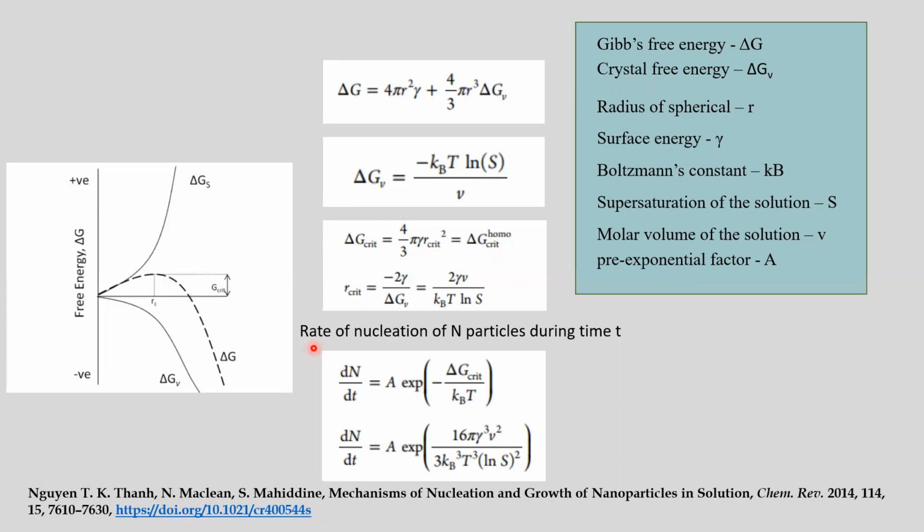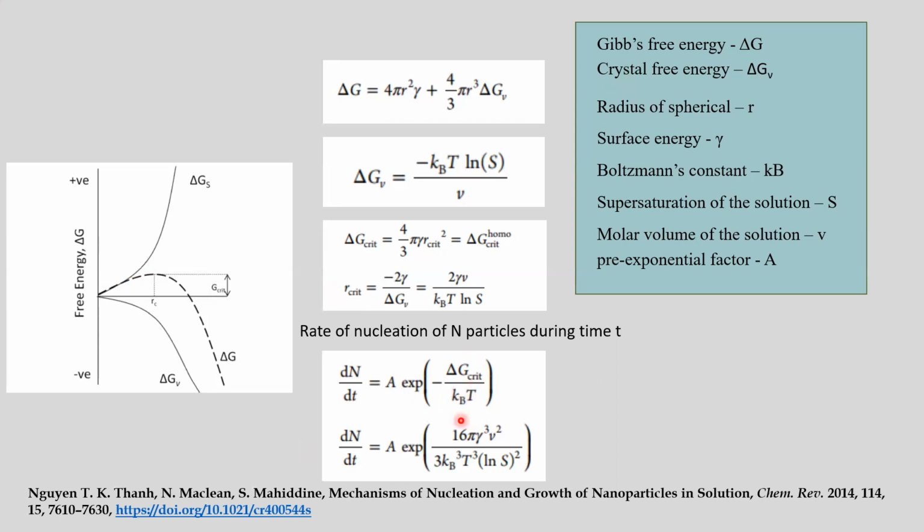And we are going to calculate the rate of nucleation with respect to time. This is an exponential expression, dN by dt, where A is the exponential factor, and it depends upon the critical delta G value and the Boltzmann's constant at that particular temperature.